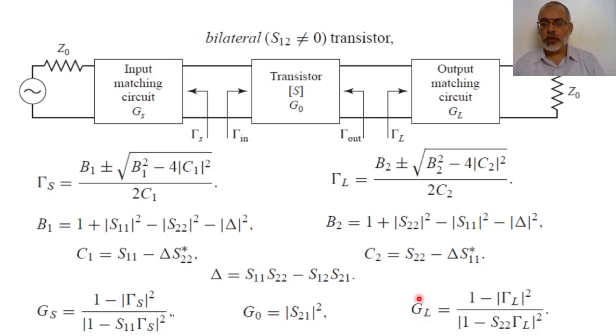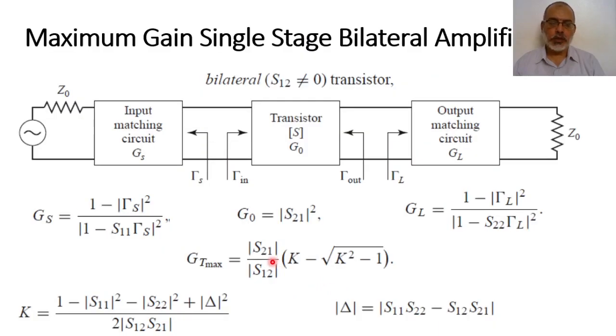The transducer gain of the output matching network is 1 minus gamma load squared over the magnitude of 1 minus S22 multiplied by gamma load, squared. And already we have the transducer gain of the transistor, which is S21 squared. By calculating gamma source and gamma load, we can calculate G S and G load. By multiplying G S by G naught by G load, we find the transducer gain. So the transducer gain in this case is the multiplication of these three terms.